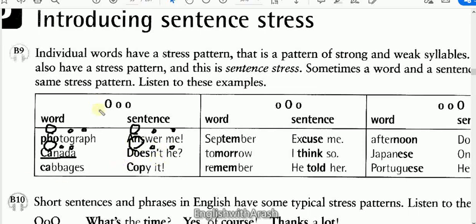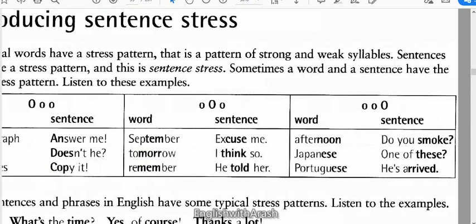All of them have this stress pattern if you take a look at it. Another one, cabbages. Copy it. Cabbages. Copy it, cabbages. They have the same pattern. And then you have some more examples here.